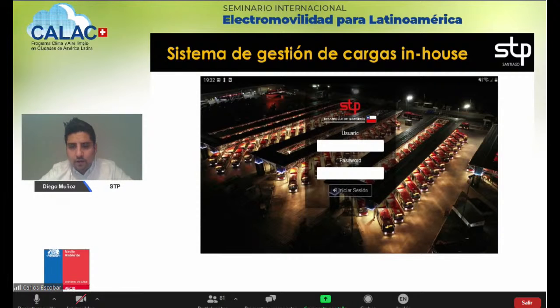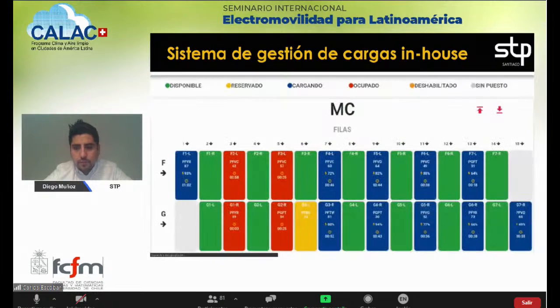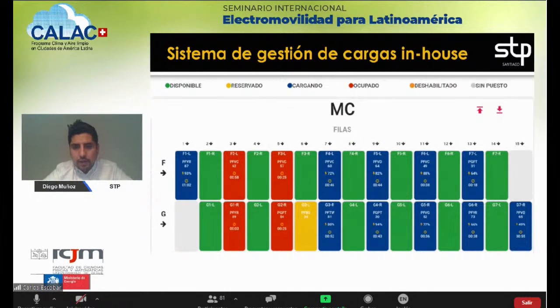In this picture, which is very impressive, that's a terminal at night, of course, with full charge. And this is an engineering development made in Chile by STP. What can you see in this software? All of these rectangles that you can see are the charging stations of a specific station.